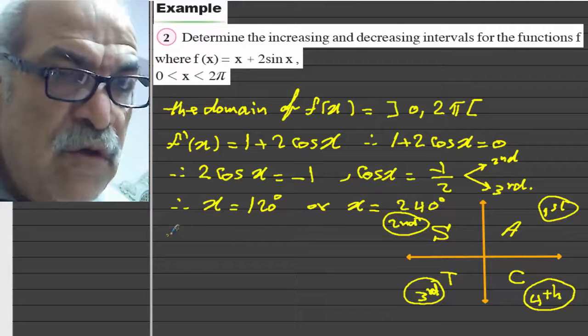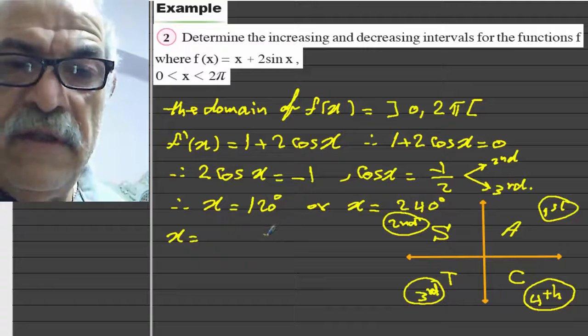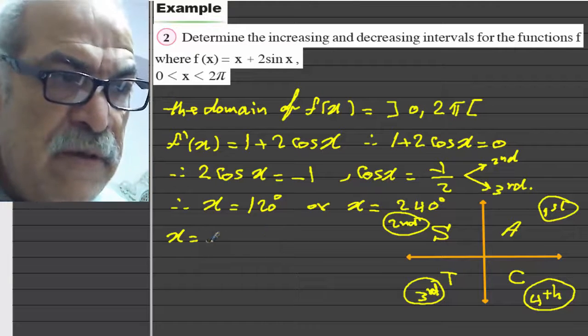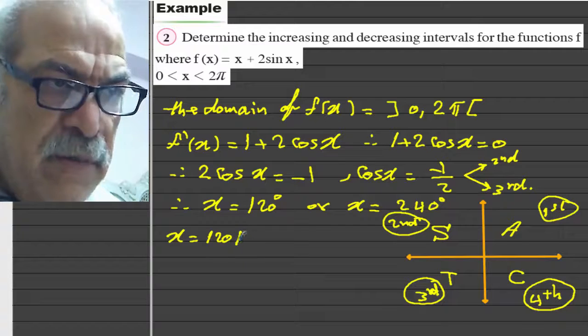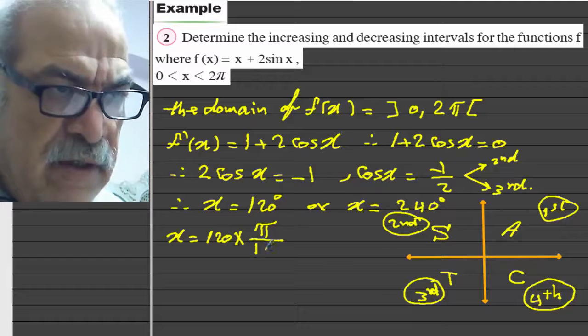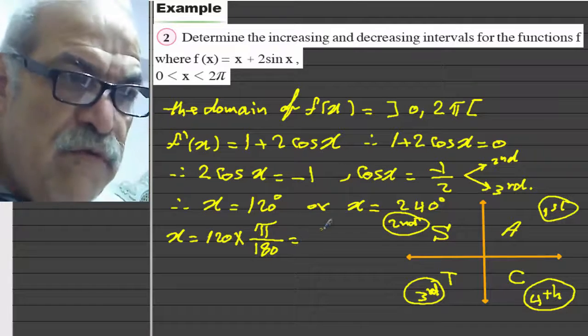We will take both values. Okay, so x equals, to convert it to radian measure, we write 120 multiplied by pi over 180, which equals 2 over 3 pi.